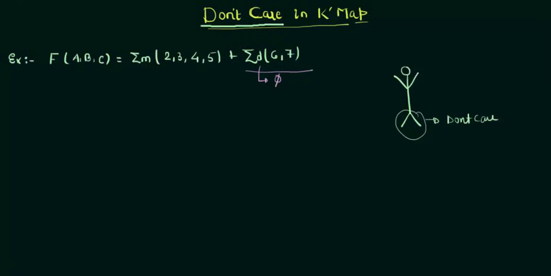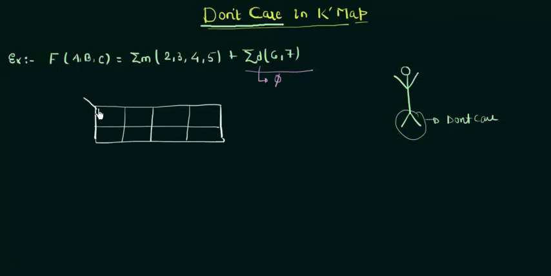So let's first make our 8 cell K map. The 3 variables are a, b, c, with the values 0, 0, 0, 1, 1, 1, 1, 0, 0, 1.